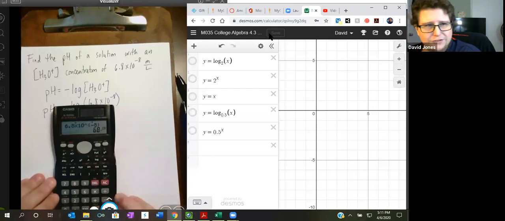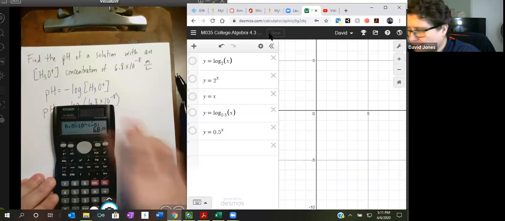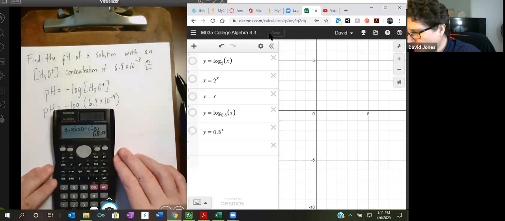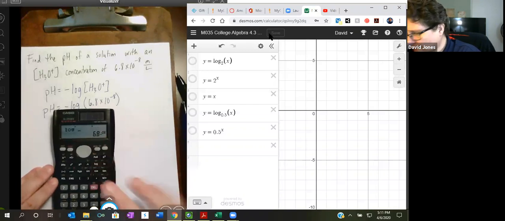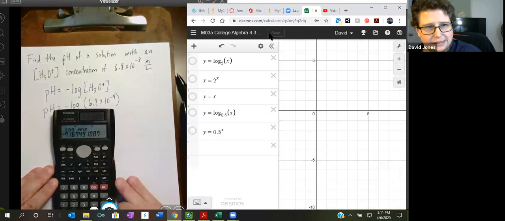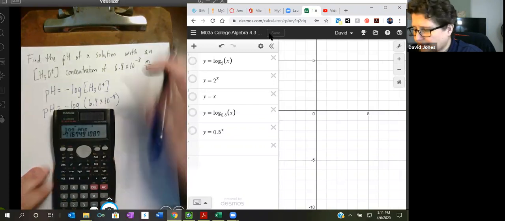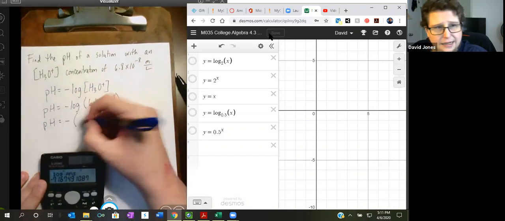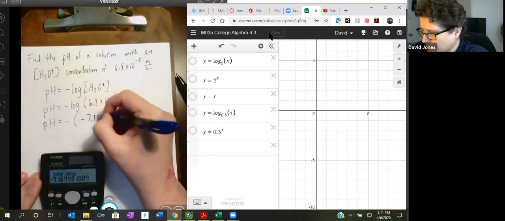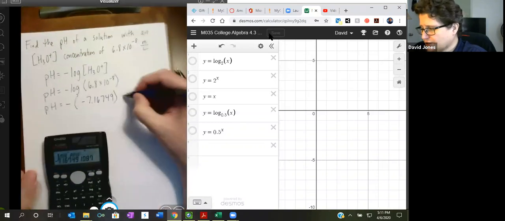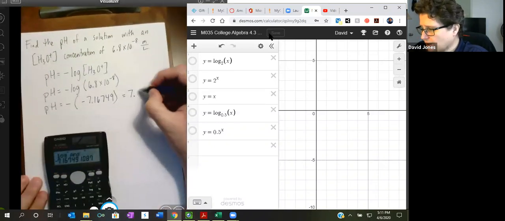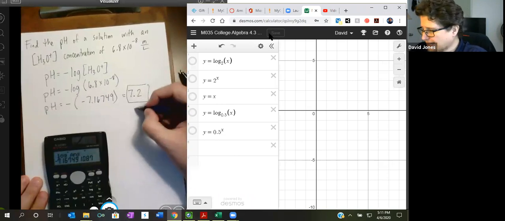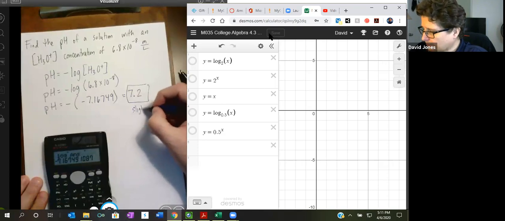What that does is it moves the decimal left 8 times, but it's so many in the calculator it doesn't show it. And then I'm going to say log of my answer. In my calculator, this gave me negative 7.16749. And the two negatives cancel and I get 7.16, which is 7.2. So it's slightly alkaline.